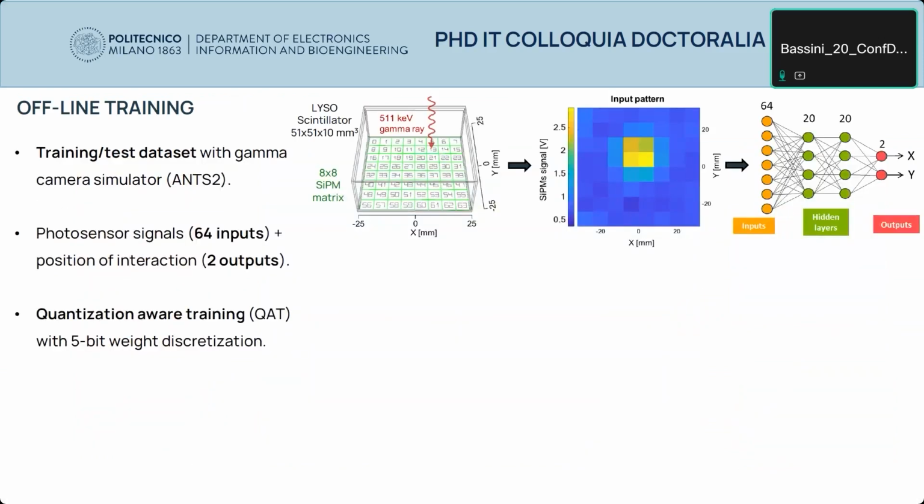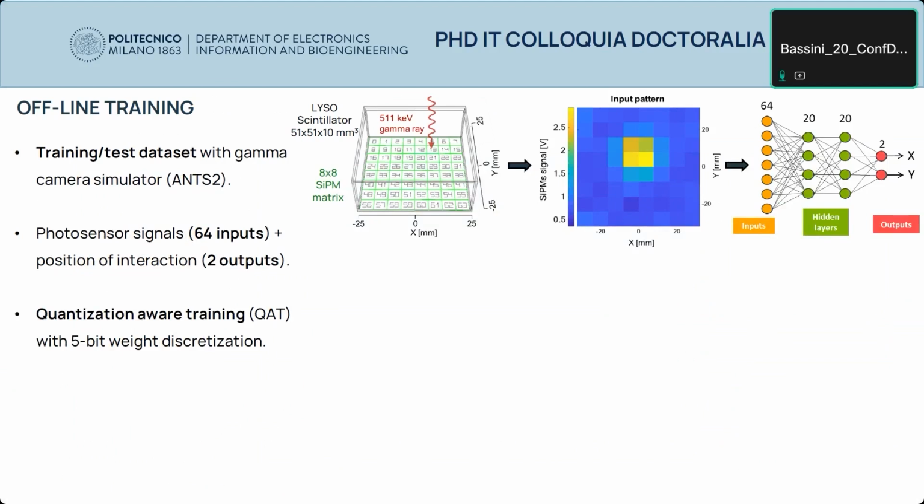So the ASIC is intended only for inference, therefore the training must be performed offline. The training and the test dataset were obtained with a gamma camera simulator, which provides the photosensor signals, which are the input of the neural network, and the position of interaction, which are the labels, the target of the neural network.